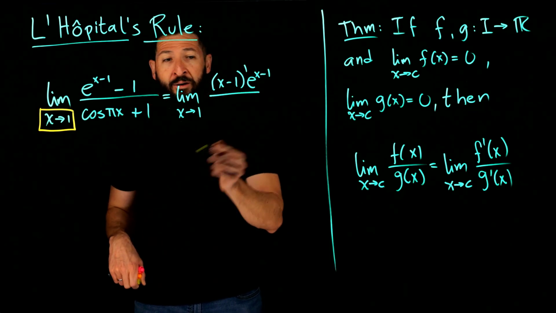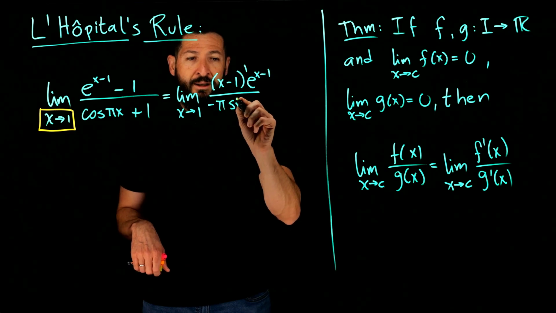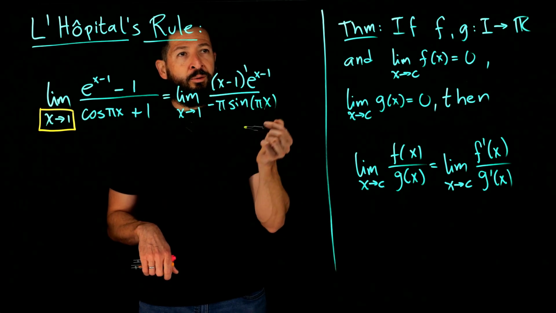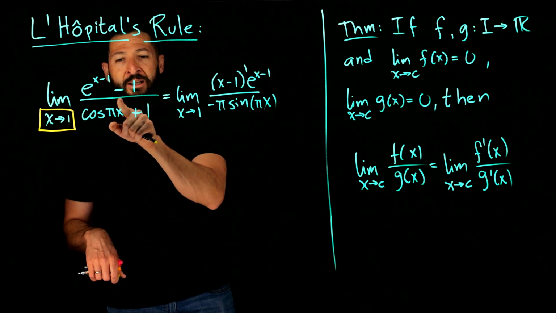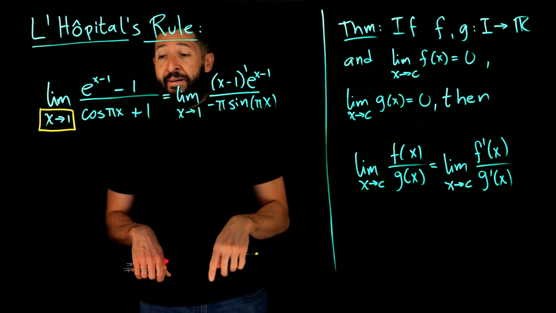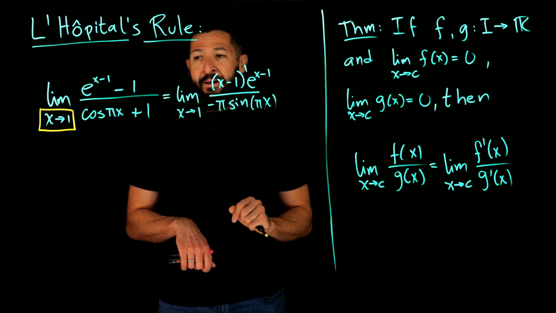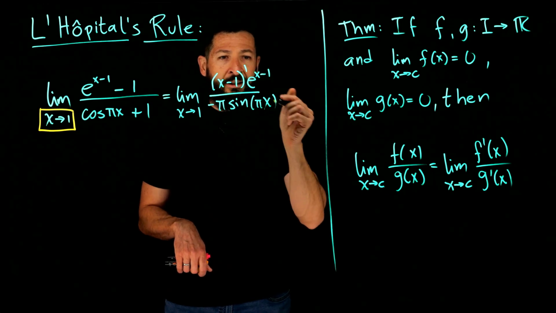And then the derivative of the cosine is negative sine, but it's going to be a pi as well, of pi x. This pi comes from the derivative of the inside. So the derivative of the cosine is negative sine evaluated at pi x, multiplied times the derivative of pi x, which is a pi. The derivative of minus 1 and plus 1, those two are 0, so I didn't write them there.